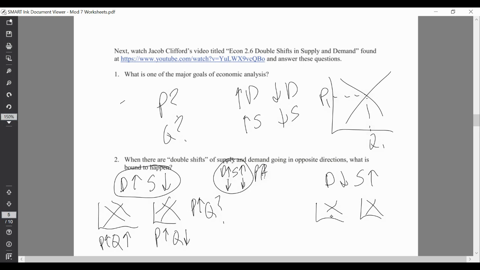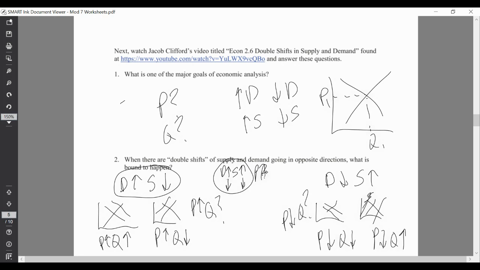But over here, demand decreases, then we know price falls, quantity falls. When supply increases, we see price fall, but quantity increase. So in this scenario, price falls and quantity is ambiguous.